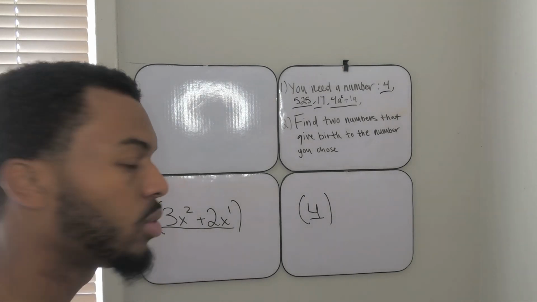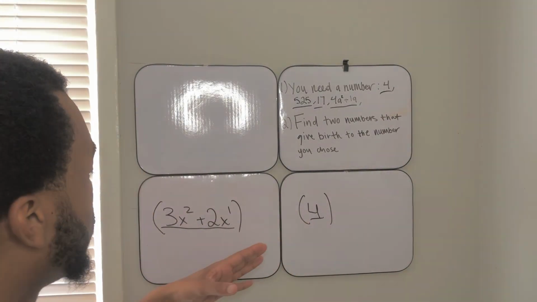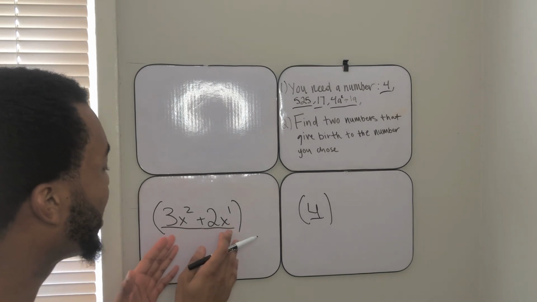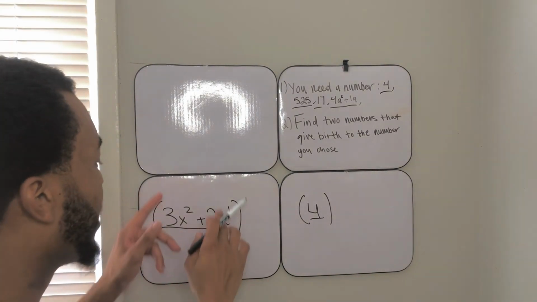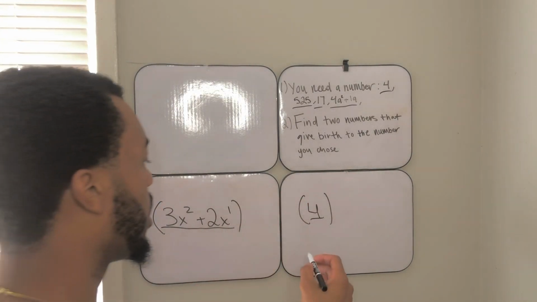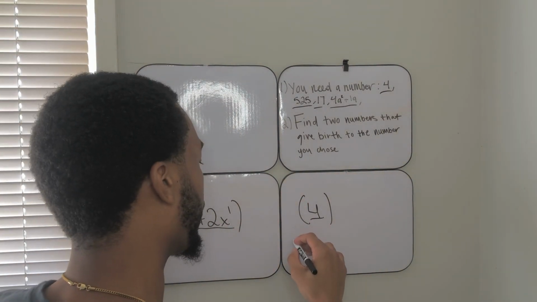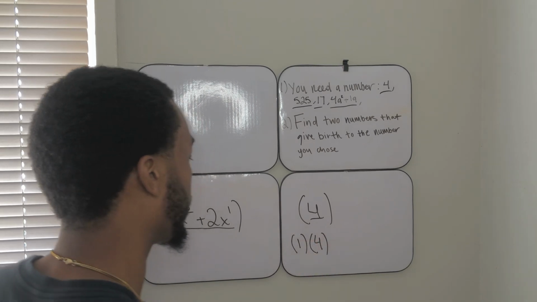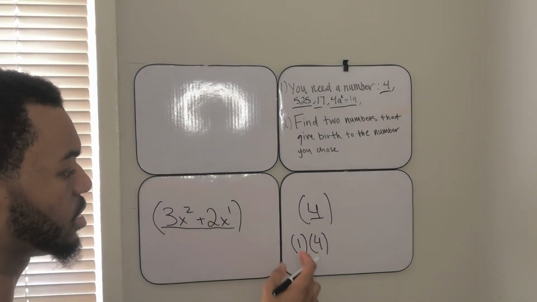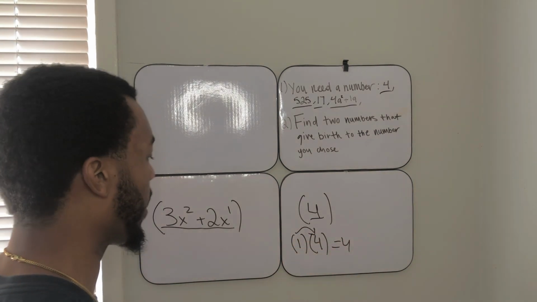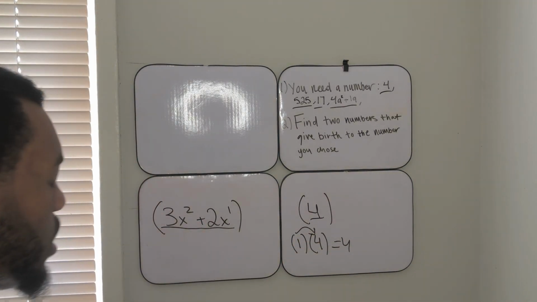So what we want to do is find out what number we can take out of this and multiply to get this number. Again, for example, I'm going to do it on this side to give an example. If you wanted to factor 4, we could do 1 times 4. We break it up and see that when we multiply this times this, we still get that. So we're going to do that same thing with this.